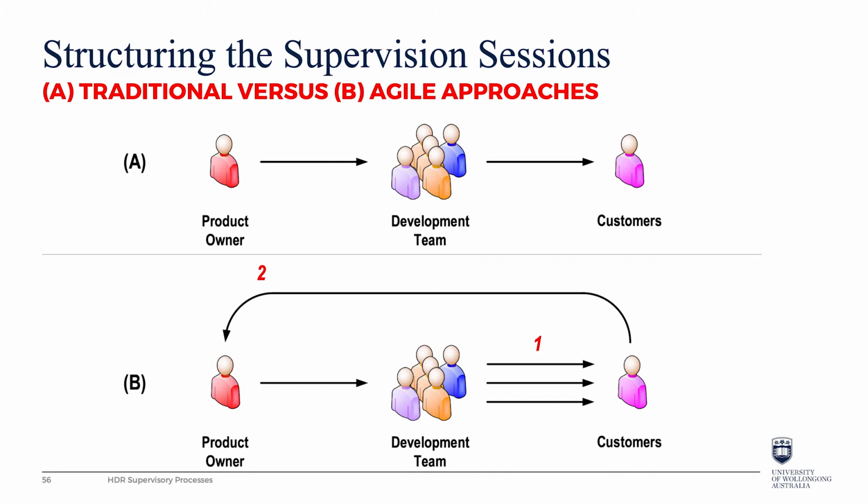That's the multiple arrows in the second half of the slide, panel B, where there's multiple arrows between the development team and the customers. This indicates that there's actually multiple packets of work, multiple packets of deliverable being provided to the customer. And the customer in this case could be the development team or, if you like, the HDR supervisory team. The development team is also the HDR supervisory team. And during examination, the customer will be the examiners as well.